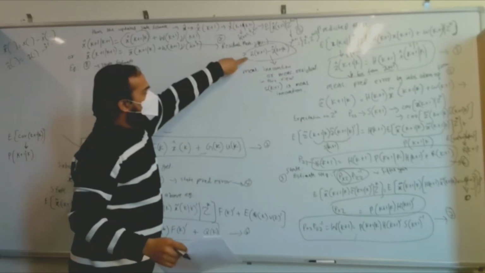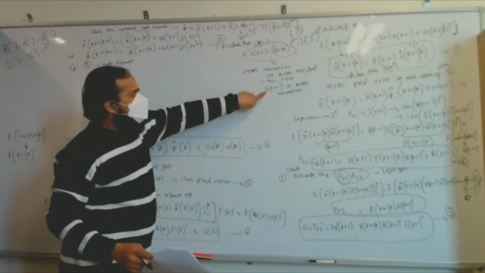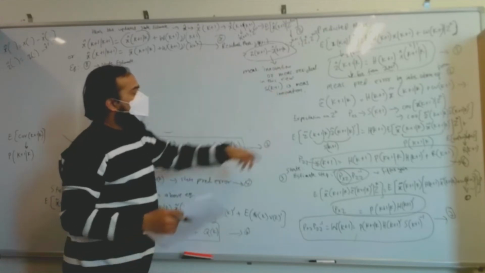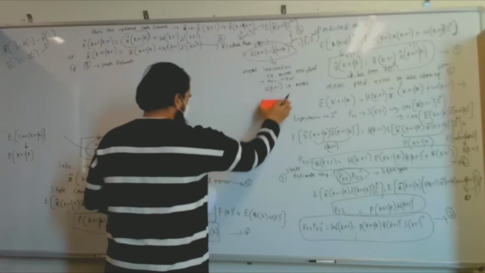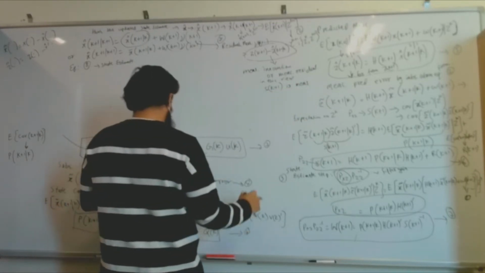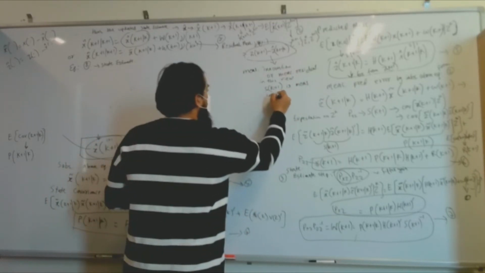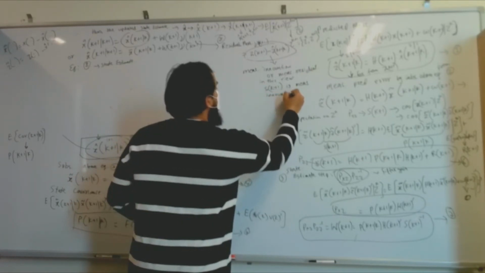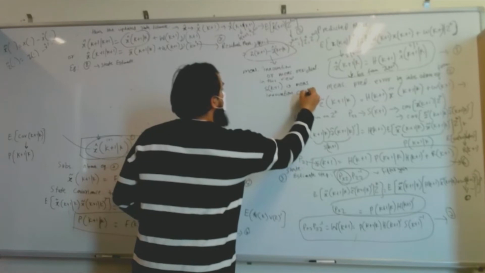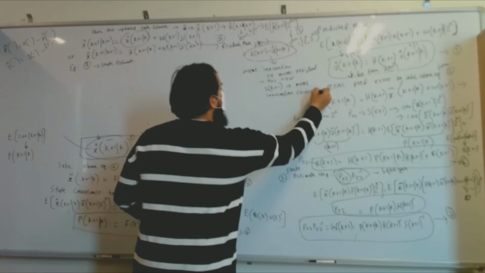This is called the measurement innovation, and this is called the measurement innovation covariance. Okay.